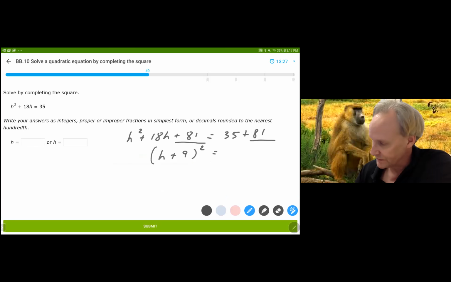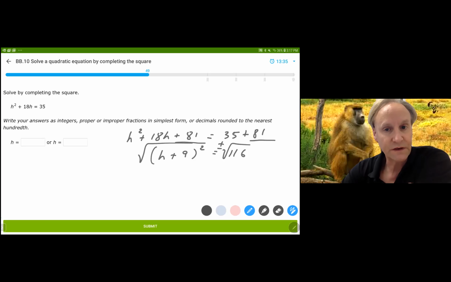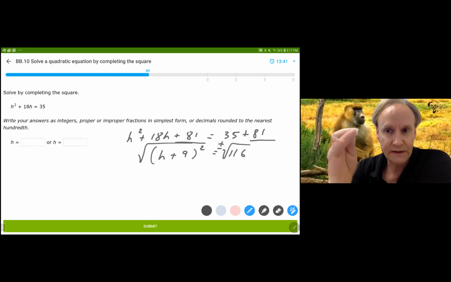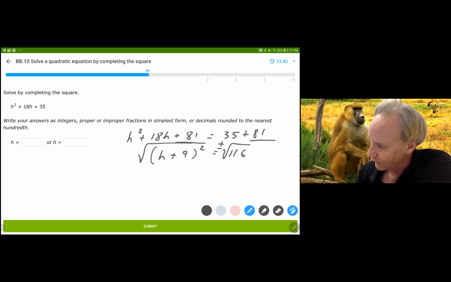So that's going to be 116. And of course it doesn't work out evenly. So we have to take the square root, put the plus or minus, and it is just below 11. So it's going to be closer to 11 than it is to 10. So probably about 10.8 or so. So h plus 9 is approximately, I'm going to guess 10.8.